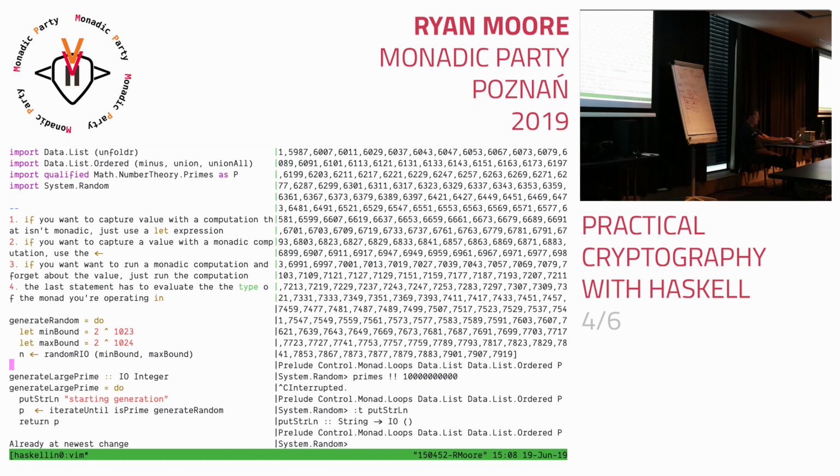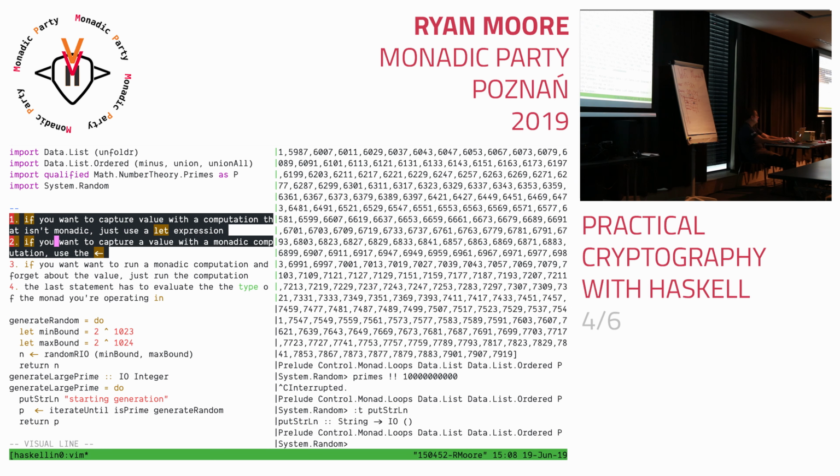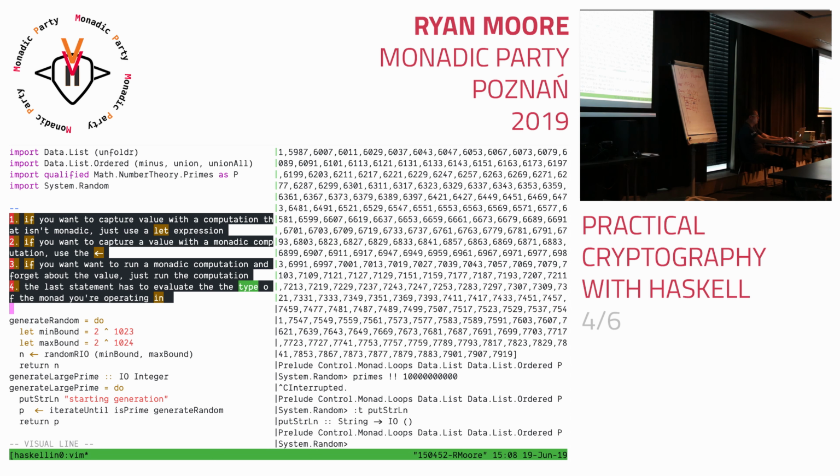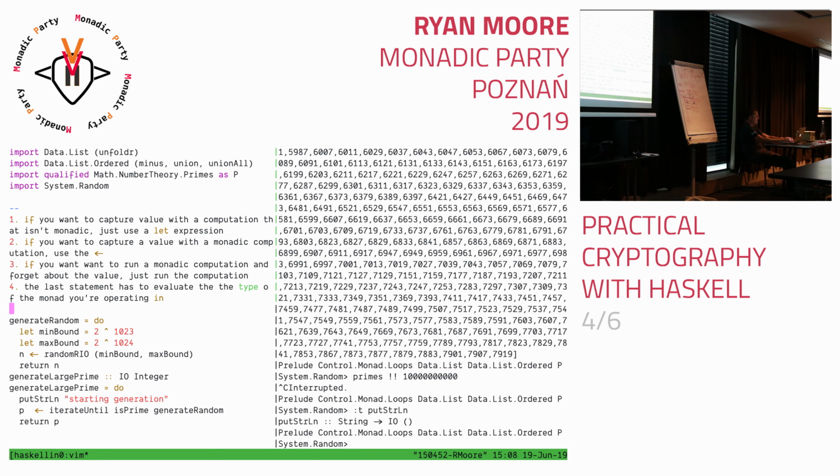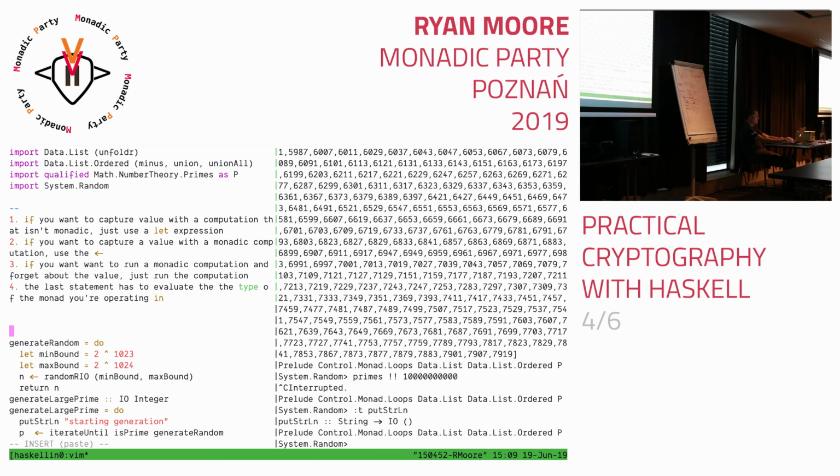People make a big deal about doing input and output in Haskell and using the IO monad. But really, if you just focus on these four things and use do notation, it's not that bad. And if you want to learn more about it or get more comfortable, just remember that anytime you do this kind of thing, that is just syntactic sugar over the bind function.